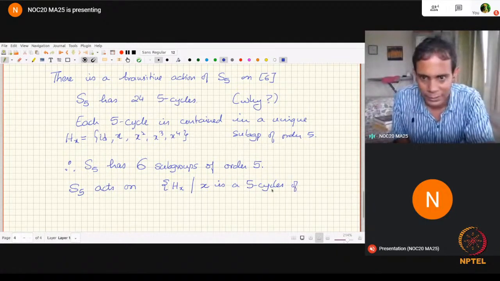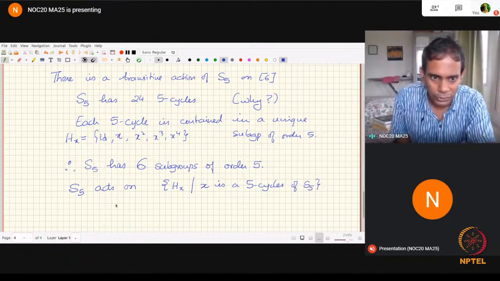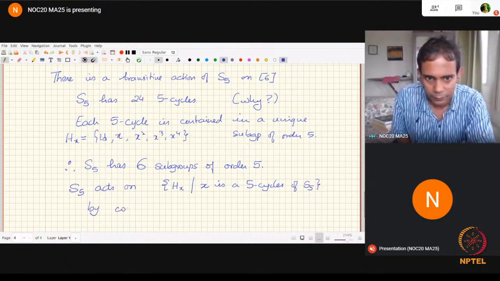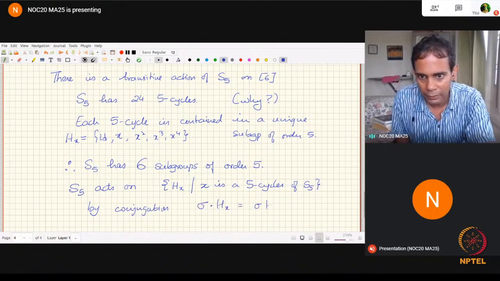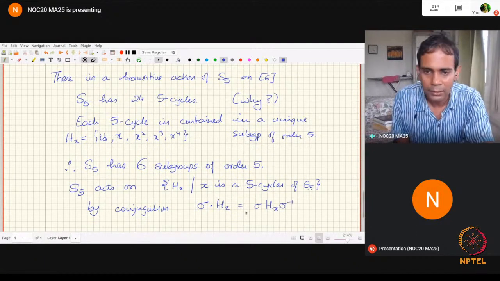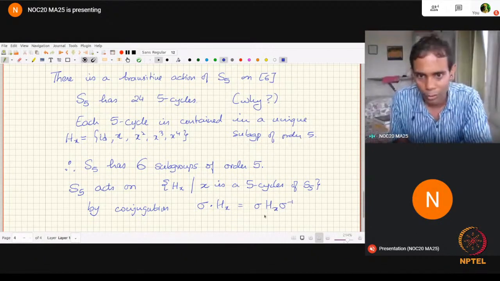So this set just has 6 elements. By conjugation, that is, sigma dot H_x is sigma H_x sigma inverse, which will be another such group of order 5.